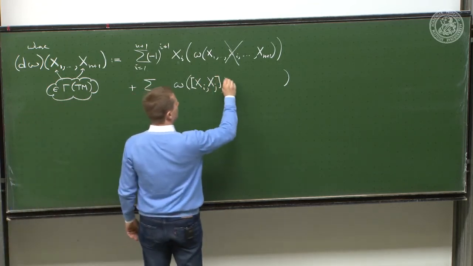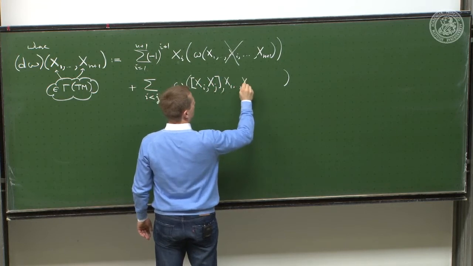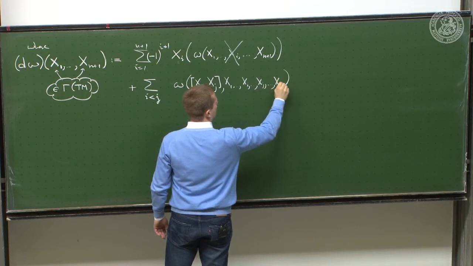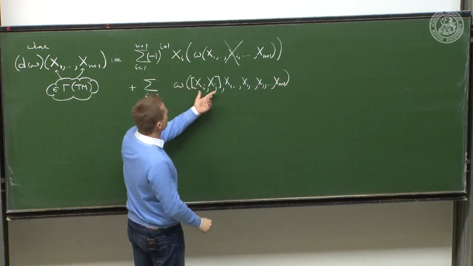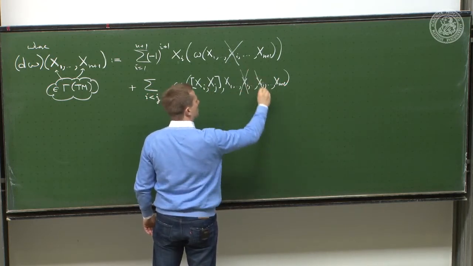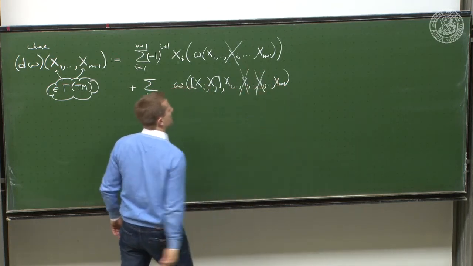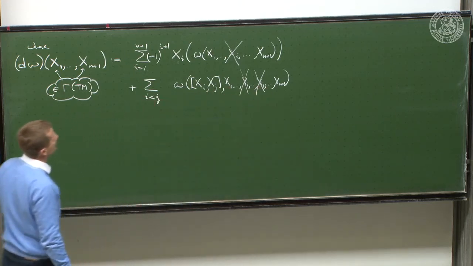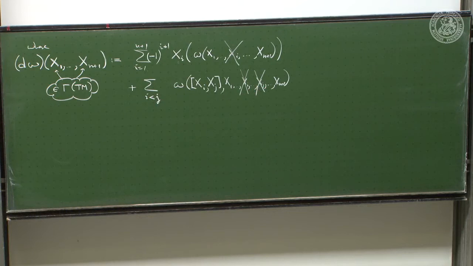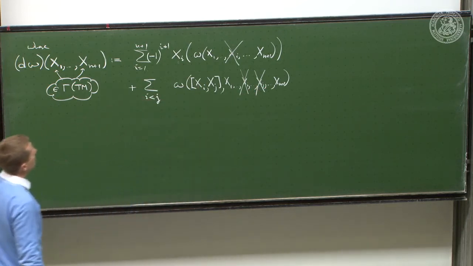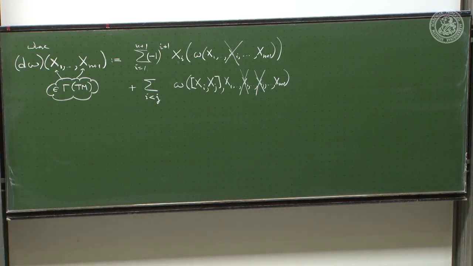And then the remaining ones, X1, X2, then there's the ith one, then the jth one, and then the (n+1)th. Well, I already used 2 of those and made 1 of them, so I cross out the ith, I cross out the jth, I keep the others. I took 2 out, I put 1 in, that means I have n fields, I feed this guy, and the antisymmetry is already taken care of by this commutator, and that is the definition of this exterior derivative.